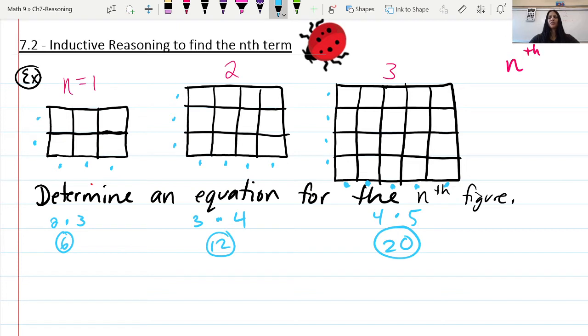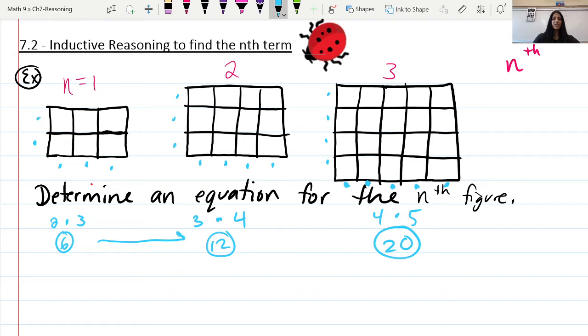And that nth could represent anything. It could be the 100th figure, it could be the 50th figure, it could be the 20th figure. But I want to come up with an equation so that I could use it for any figure number that I'm interested in. So I'm looking at the relationship. This is not like last day where it's a linear relationship.